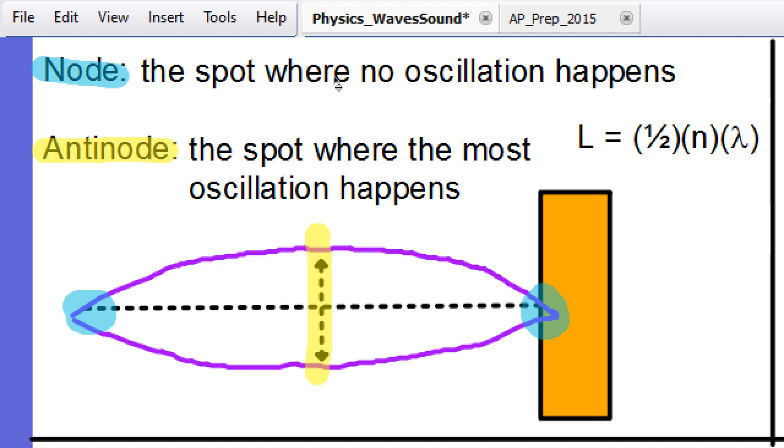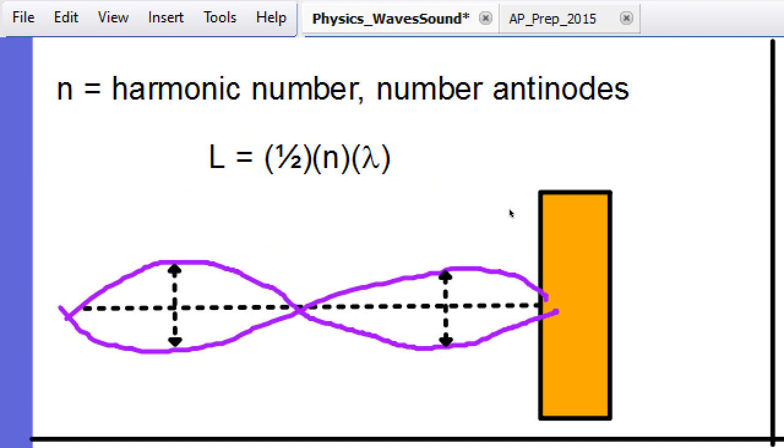Where the length of the string helps determine what wavelength of a wave can happen. If I have a wavelength that doesn't fit in this equation, I do not get a standing wave. I can have that wave happen, but it will not be a standing wave, where n is called the harmonic number, which is also the number of antinodes.